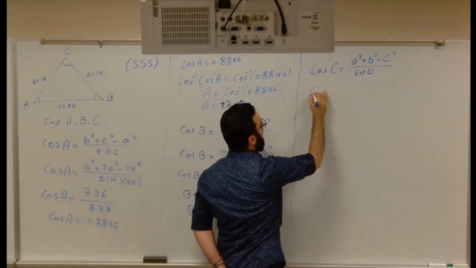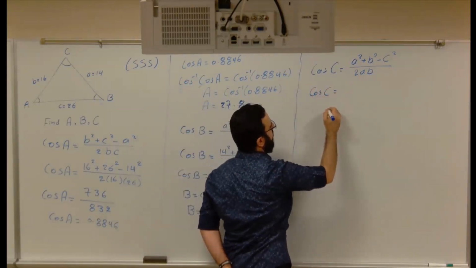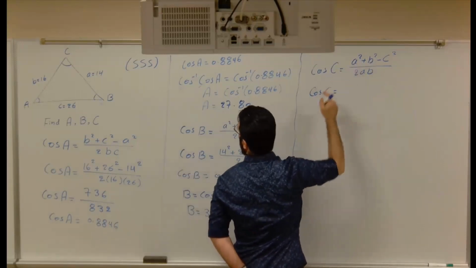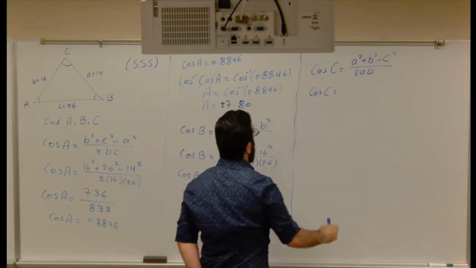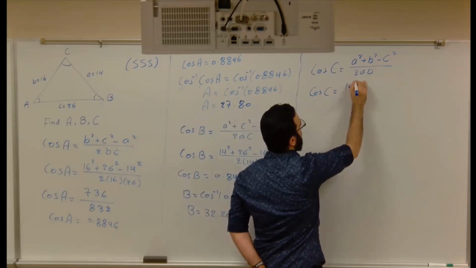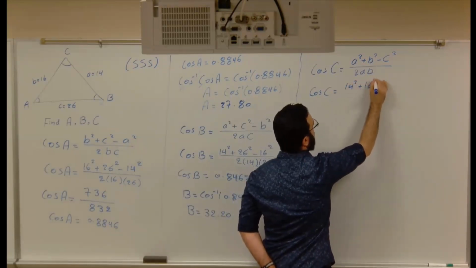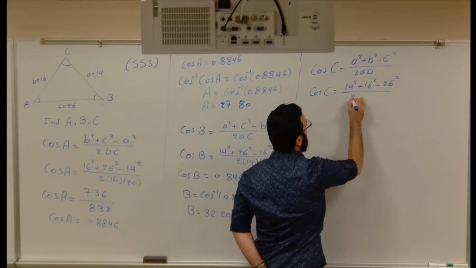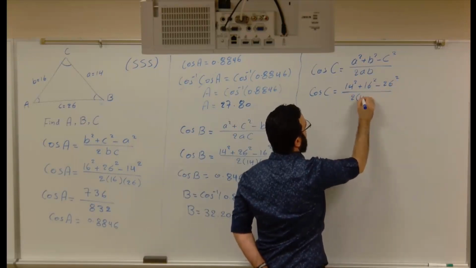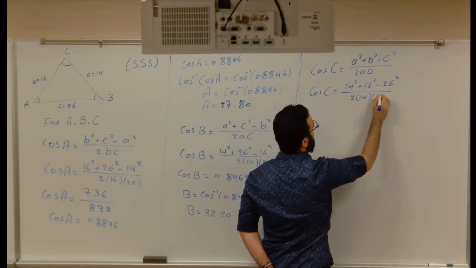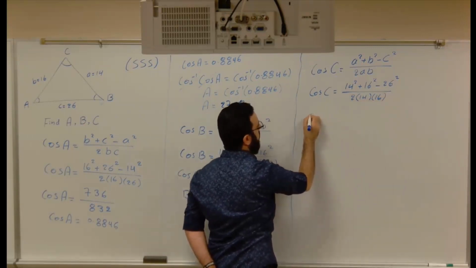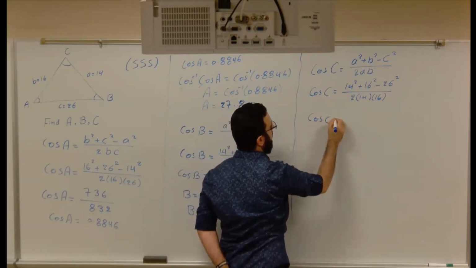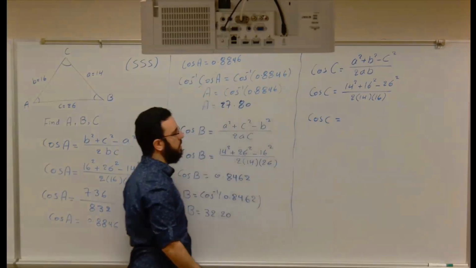That means cosine C is going to be equal A squared, which is 14. So 14 squared plus 16 squared minus 26 squared divided by 2 times A times B, which is 16. So that means cosine C is going to be equal.